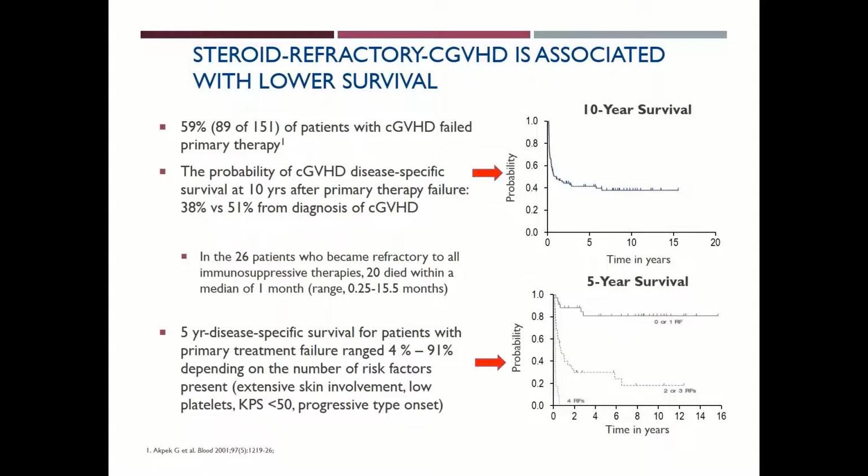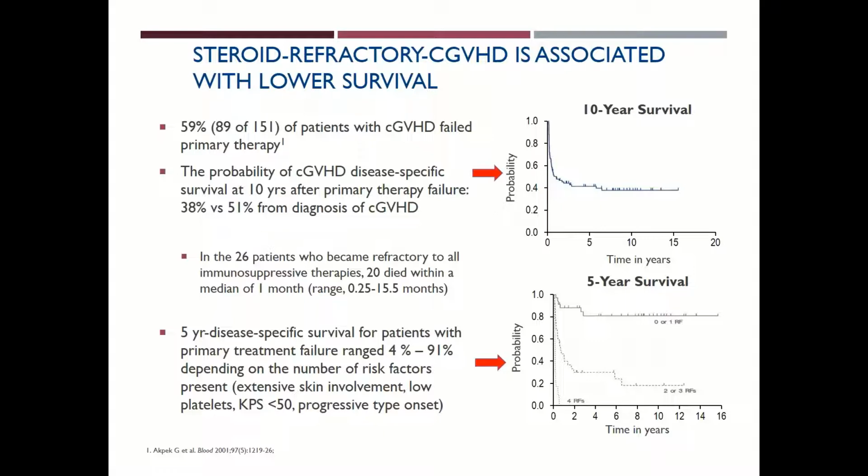Traditionally, steroid refractory chronic graft-versus-host disease has been associated with bad outcomes. In the seminal study by Akpek and colleagues published 20 years ago in Blood, about 60% of patients had failed primary therapy, and the authors determined that the probability of GvHD-specific survival at 10 years was lower in these failed patients compared to those who did not fail, 38% versus 51%.